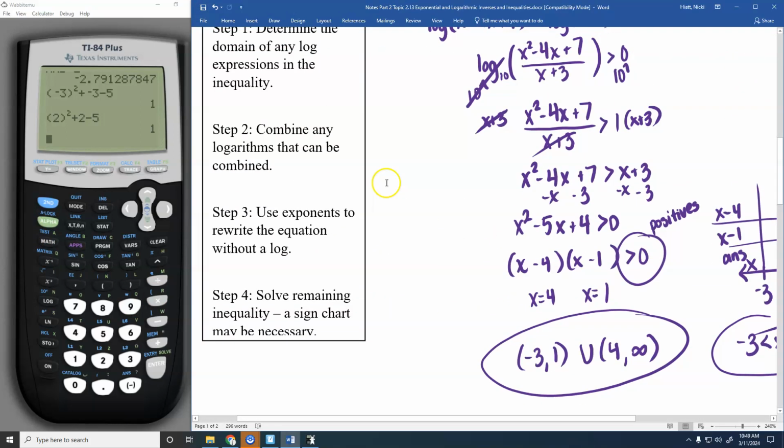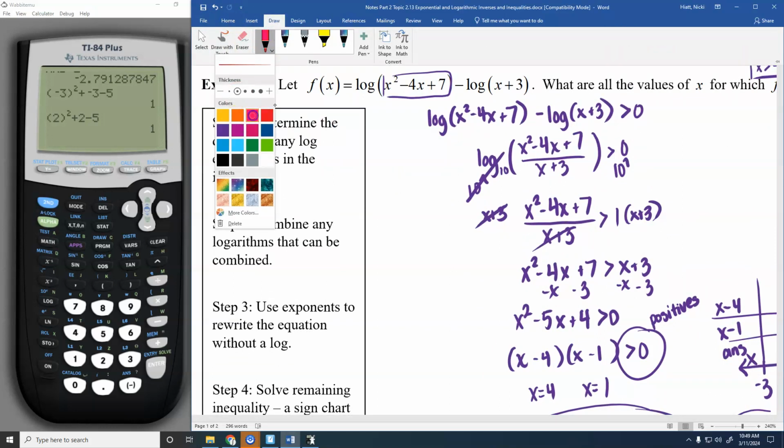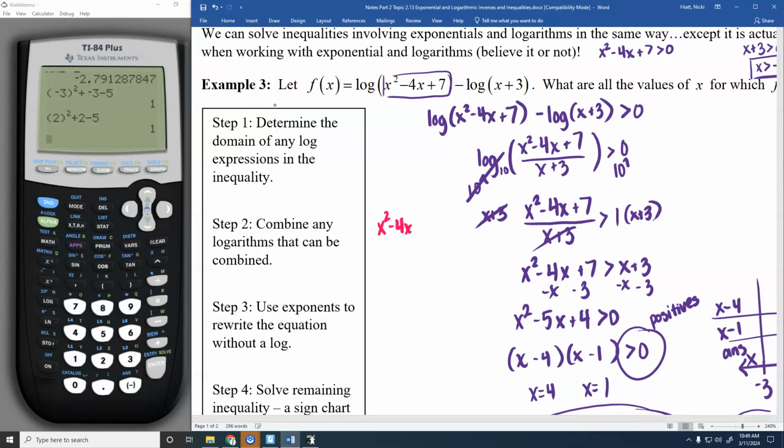Actually, if we go back up here real quick, let me just show you why this happens. So let me still use that different color. If I do x squared minus 4x plus 7 is greater than 0, and use the quadratic formula on that, I'll have 4 plus or minus the square root of 4 squared minus 4 times 1 times 7, all over 2 times 1. Technically it's a negative 4 squared, but when you square it, it's positive. So that's going to be 4 plus or minus the square root of 16 minus 28, over 2.